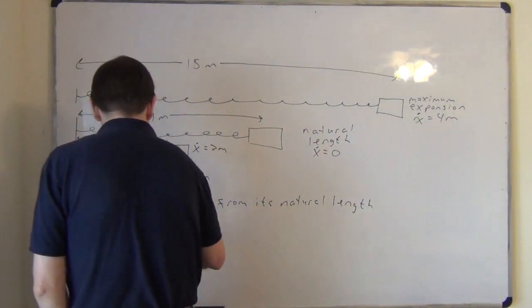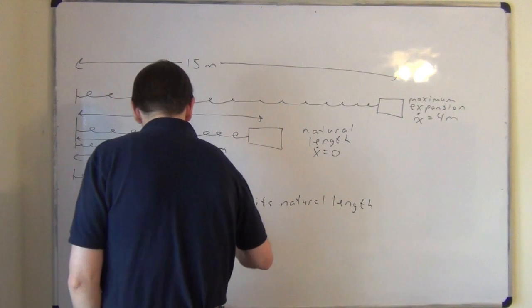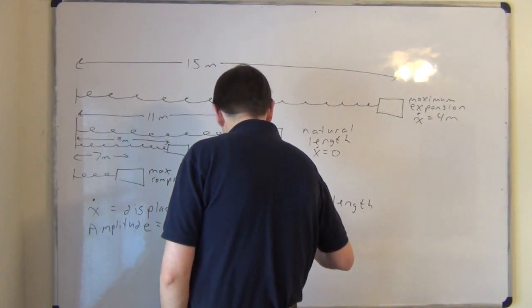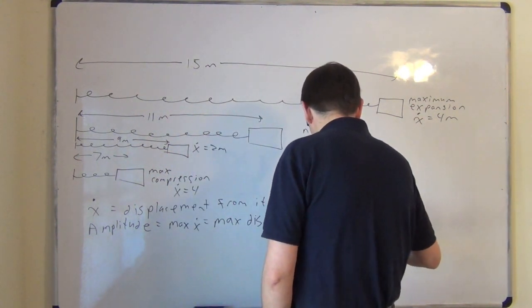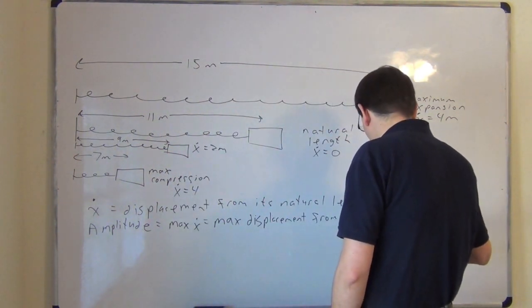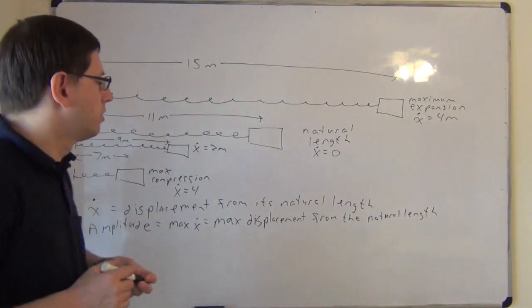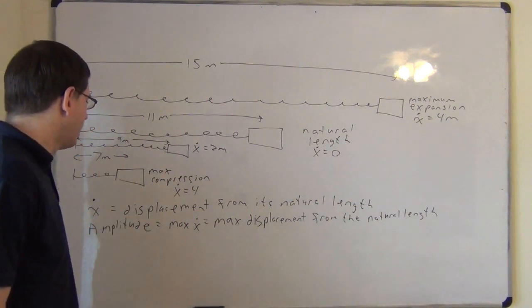We don't need a special symbol for that. We'll just call it amplitude is the maximum value of x, the maximum displacement. And amplitude is an important concept for lots of examples with oscillations and waves.